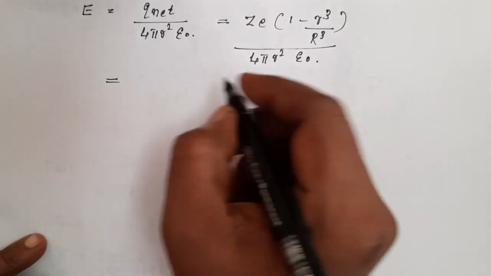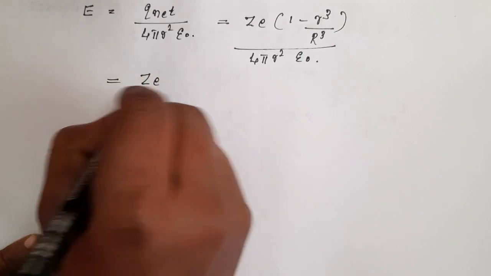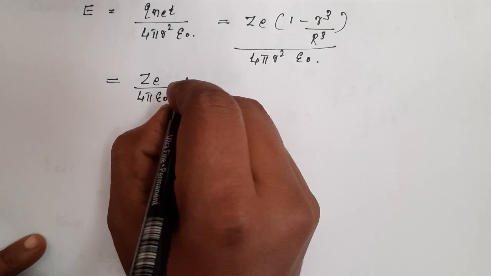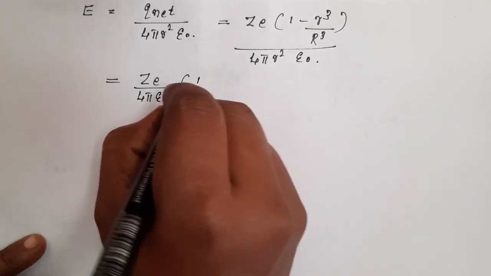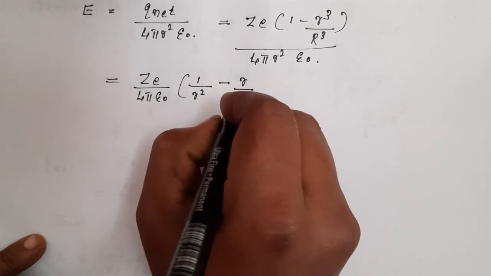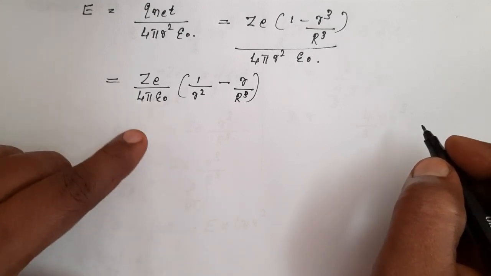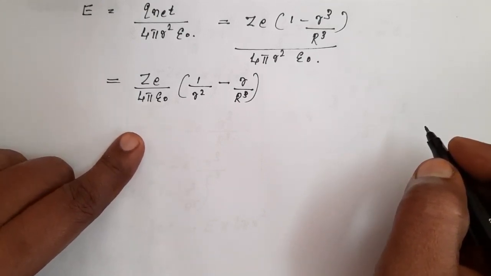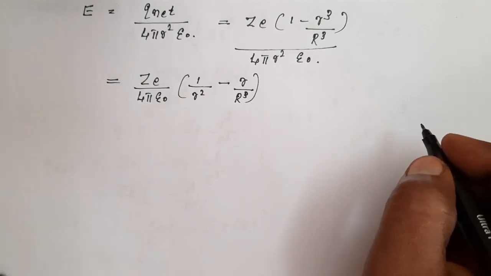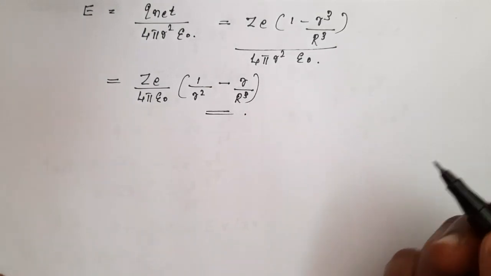Okay, now just simplifying, we will have the expression Ze by 4 pi epsilon 0, and taking r square inside, it becomes 1 by r square minus small r by R cube. The equation takes this form: Ze by 4 pi epsilon 0 into 1 by r square minus small r by R cube. So this is the expression for the electric field inside the atom.